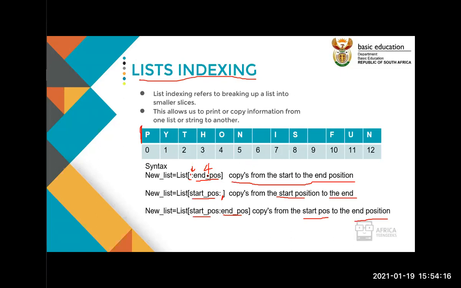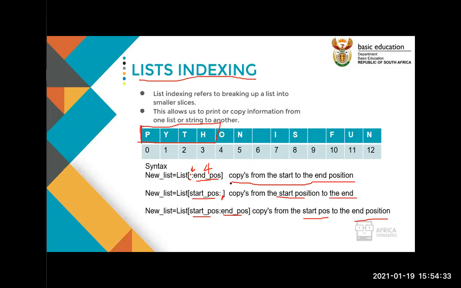But since you told me go right up till 4, I'm going to go right up till 4, not including 4. So the answer will be PYTH, and that will be what is stored in new_list.